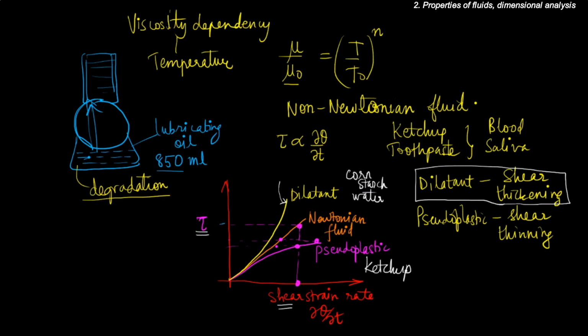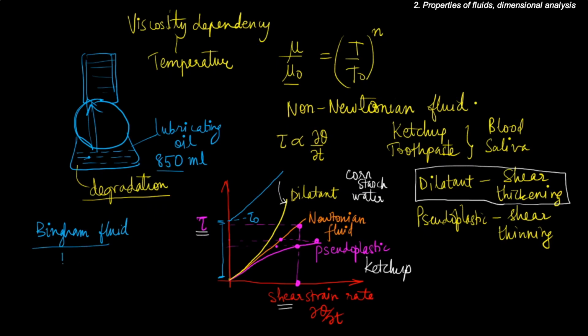Now there are certain kinds of fluid which have an offset of shear stress before they begin to flow, that is, before they have a shear strain rate. Such kinds of fluids are called Bingham fluids. So they have an offset of shear stress tau naught, after which they can behave like a Newtonian or a non-Newtonian fluid. Such fluids are called Bingham plastic fluids or simply Bingham fluids.